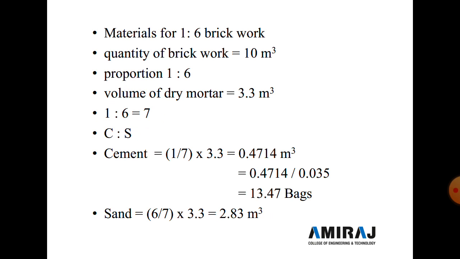Now here the ratio is 1:6, and the summation of 1 plus 6 is equal to 7. So, cement to sand. First we find out the cement value. So cement is equal to 1 divided by 7. 1 is the one part of cement already given, and 7 is the summation of 1 plus 6, and multiply by 3.3.